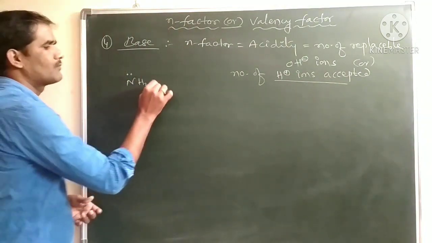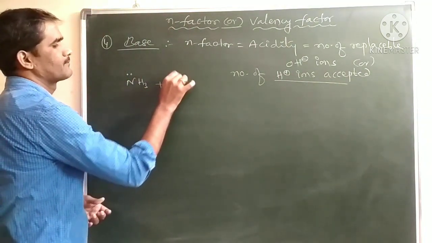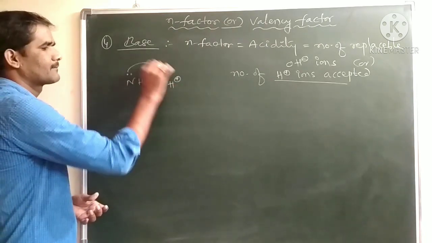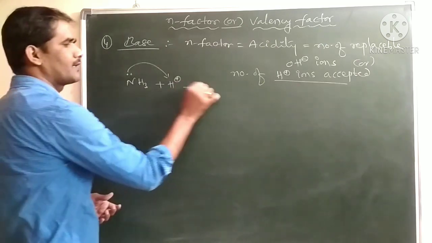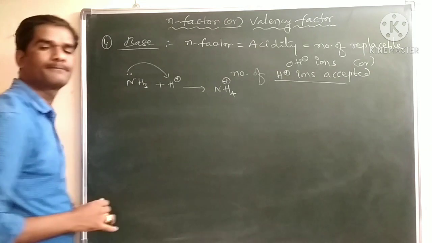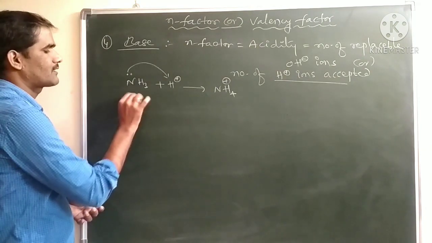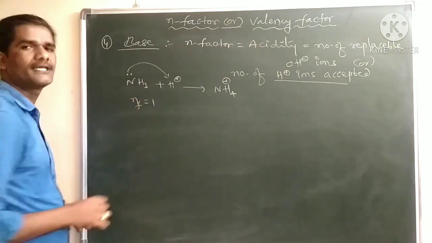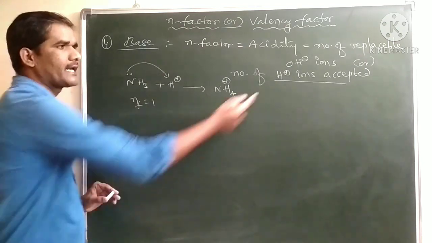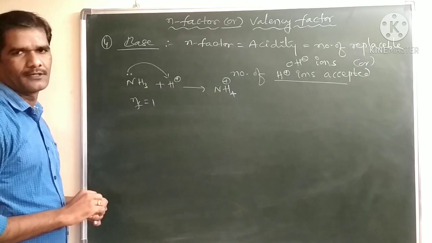So here ammonia accepts one H plus ion. Why? Because it has one lone pair. Then it will form NH4 plus. So here N factor of ammonia is equal to 1. Even though there is no OH minus ion, it accepts one H plus ion.